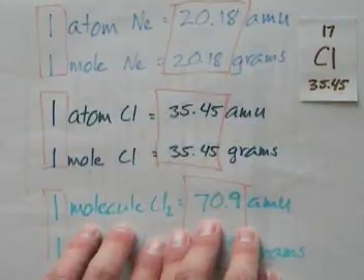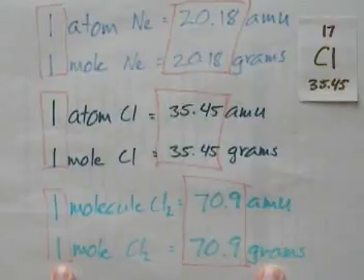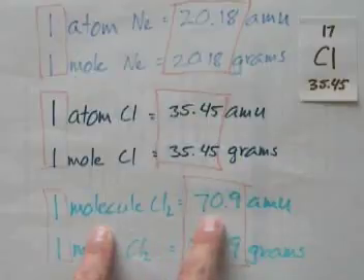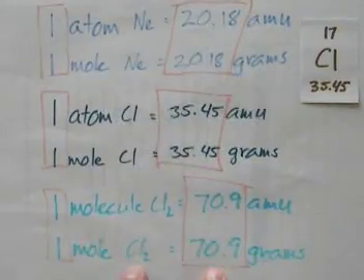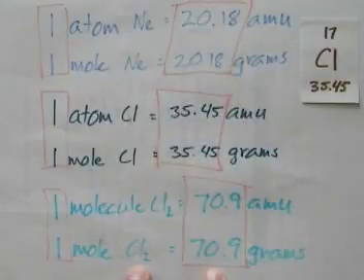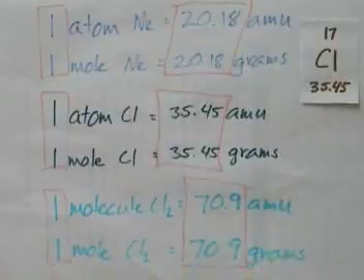What that means also is 1 mole of Cl2 would be 70.9 grams. So the mass of 1 molecule in AMU is the same numerical value as the mass of 1 mole of the same molecule, just in grams rather than atomic mass units.